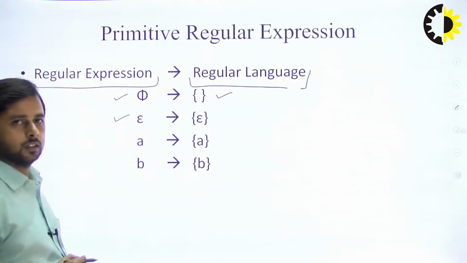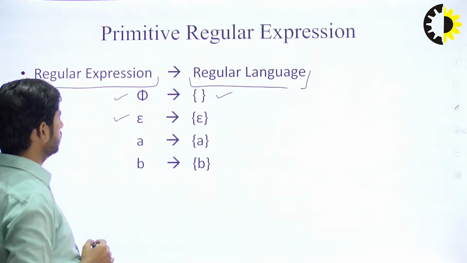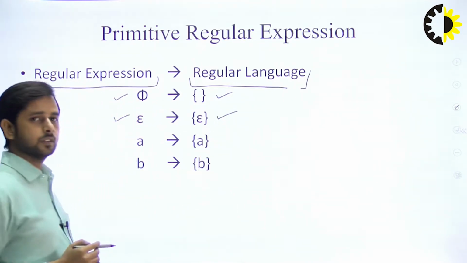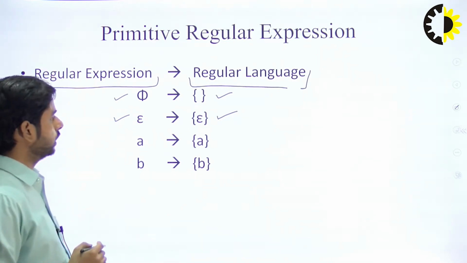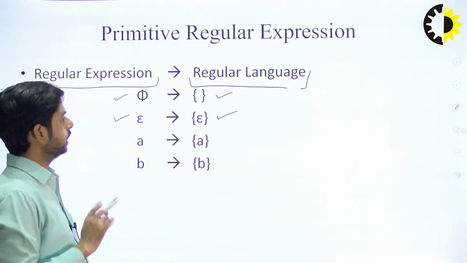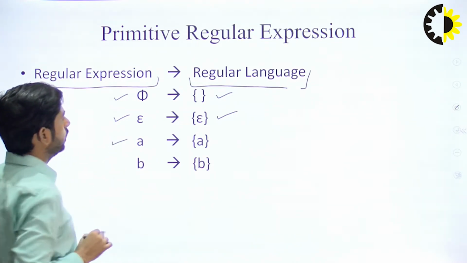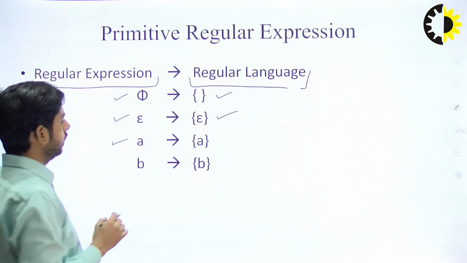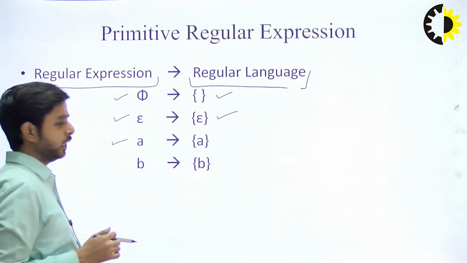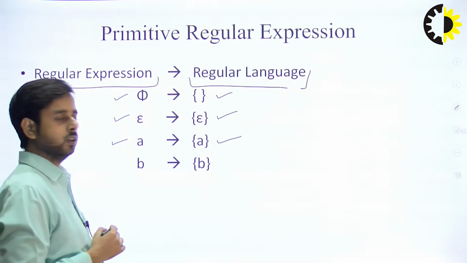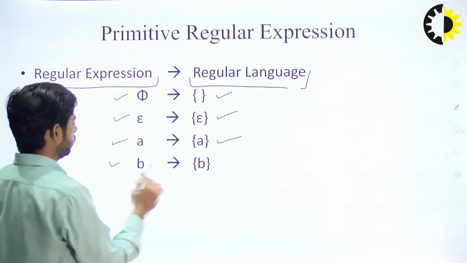Epsilon is a regular expression, and the regular language contains only one element, which is epsilon. Suppose there is one regular expression A, then the corresponding regular language will contain only one element, A. Similarly for B also.